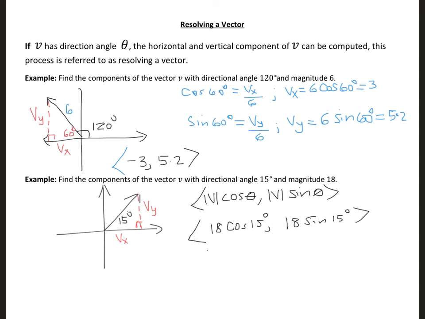I just need to put those values in the calculator. When I put these values in the calculator, to one decimal place, I get 17.4, and for the vertical component, I get 4.7. So that's the answer.